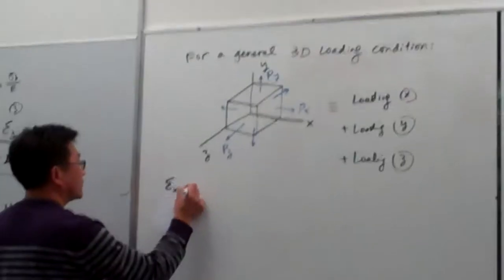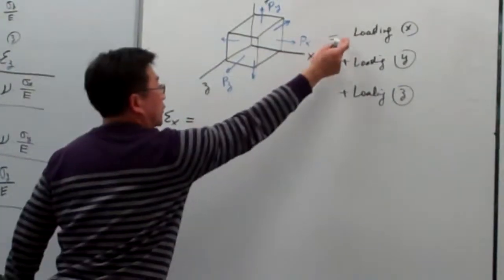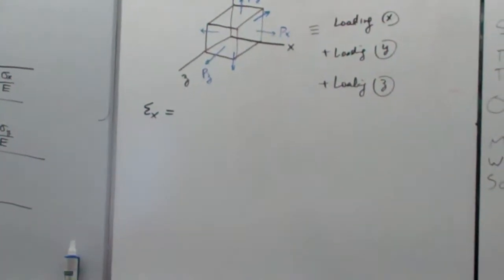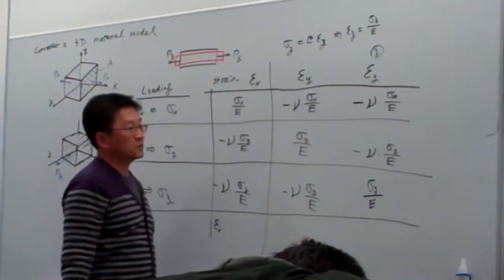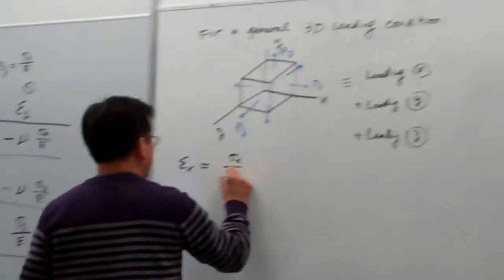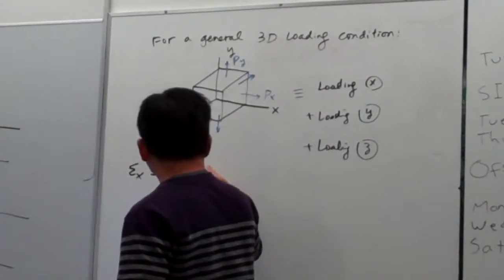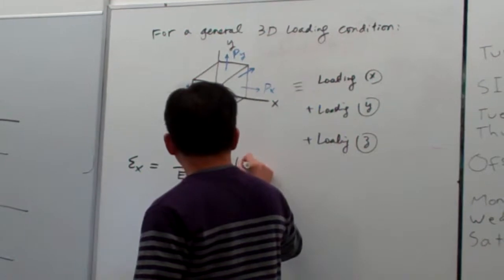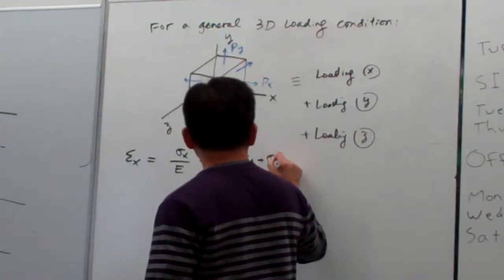For strain, again, that is due to the loading of the three conditions, and basically here is the summation of the three terms. So this case is, let me write it out, sigma x over E minus mu divided by E times sigma y plus sigma z.